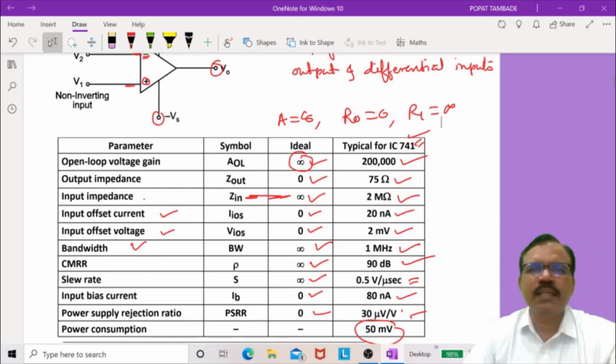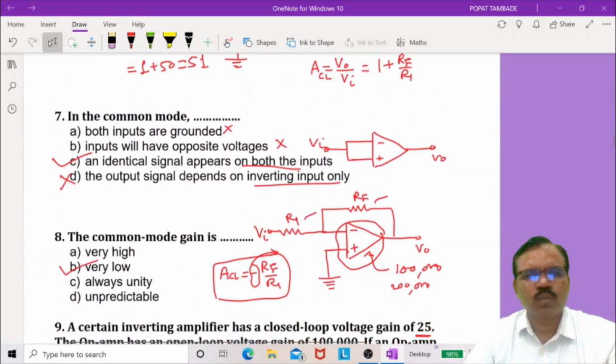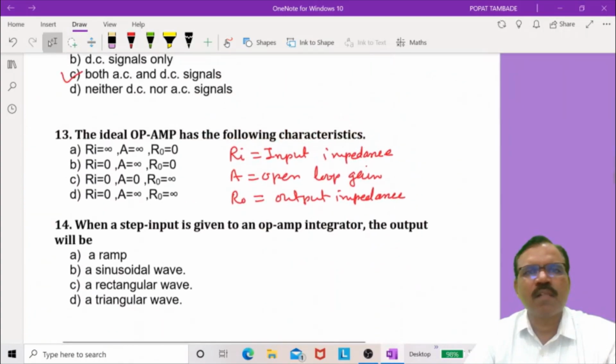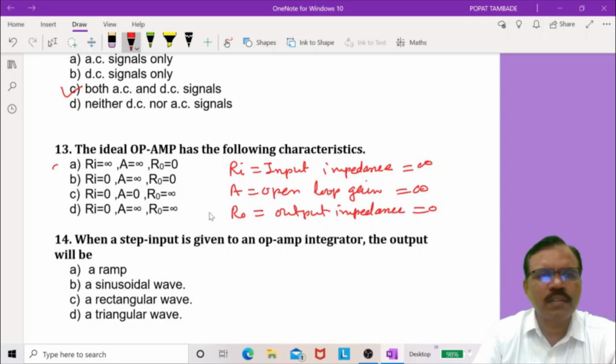So infinity, infinity, 0. So here this is infinite, this is also infinite, and this is 0. So out of these combinations, the first one, Ri infinity, A infinity, R0 0, is the correct one.